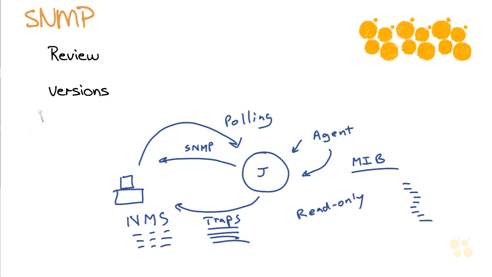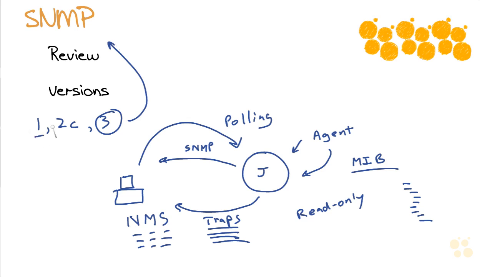Now, there's currently 3 versions that you have of Simple Network Management Protocol. There's a version 1. In fact, it's tough to find that anywhere anymore. There's 2C, and then there is 3. 3 finally adds security. In fact, the old joke about Simple Network Management Protocol is that it stands for security, not my problem.